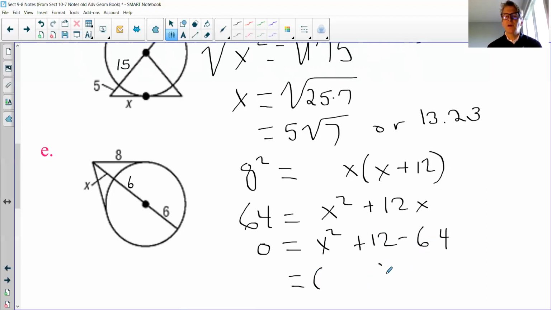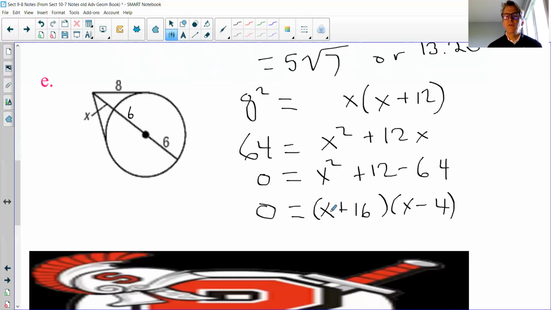That factors out to be x plus 16 and x minus 4 is equal to 0. To finish this up, you can see that we have one factor that's negative, and x then will equal 4.